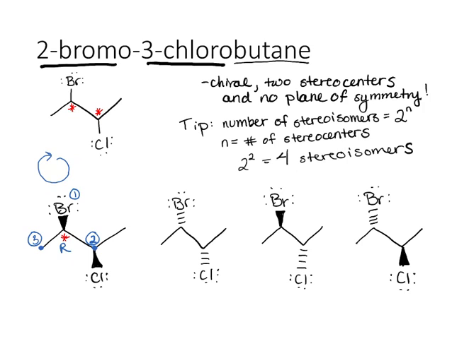So I can actually go through and assign all of the other carbon 2s in the other molecules. So for instance, in our third molecule, that would also have an R configuration because bromine's in a wedge. Now, if bromine's in a dash, that tells me that we have an S configuration, so it would be the opposite.